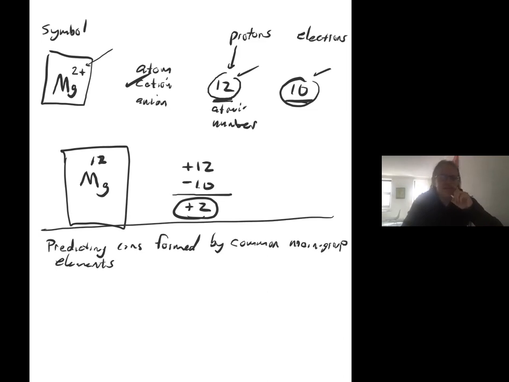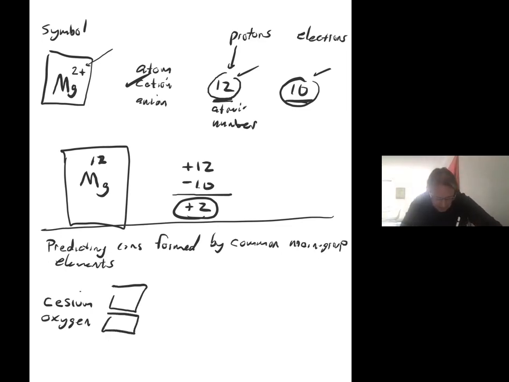So in this type of problem, what they do is they give you a symbol. I'm sorry, they give you the name. And then they want you to write the symbol. And then they say, is it a cation or anion? The key to this is that it's main group elements.